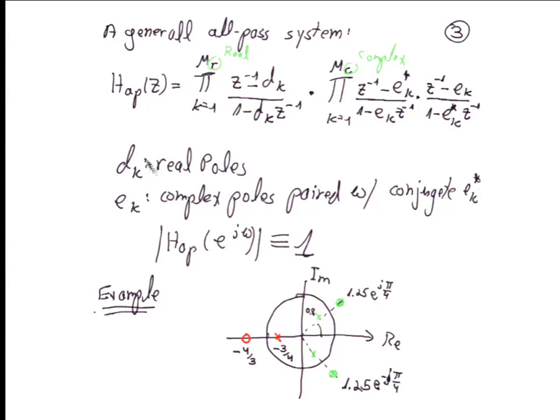So if d_k's are the real poles, e_k's are the complex poles, with the conjugate e_k's. If I have a pole over here, I should have 1 over the conjugate at this position, which is a zero. If I have one here, I'm going to have another one at 1 over the conjugate position, which is over here.